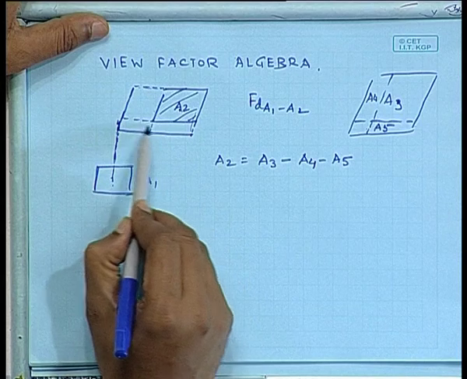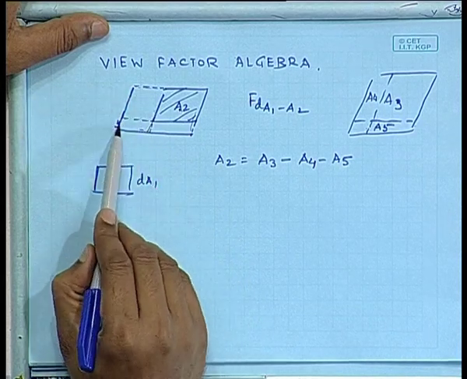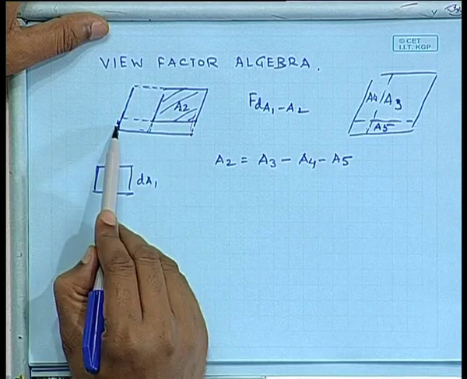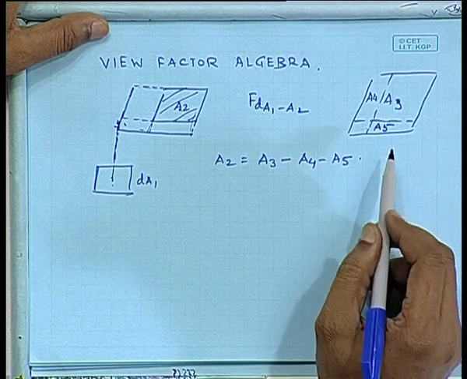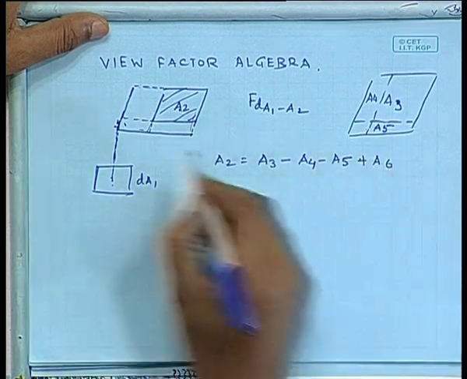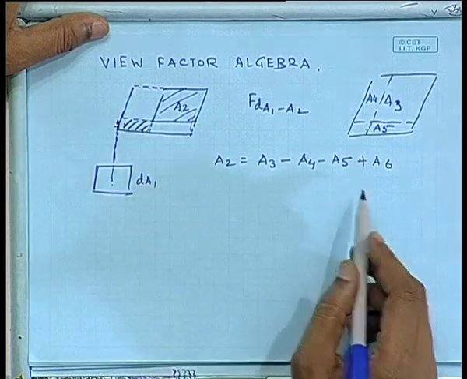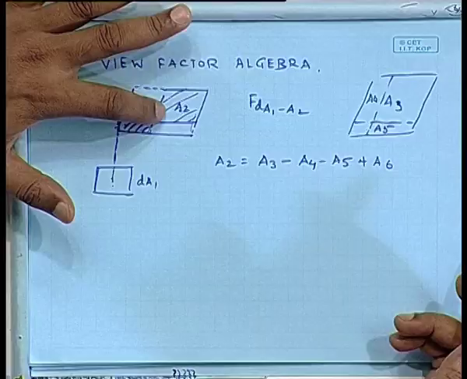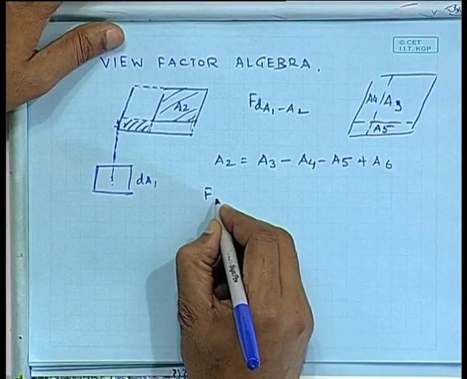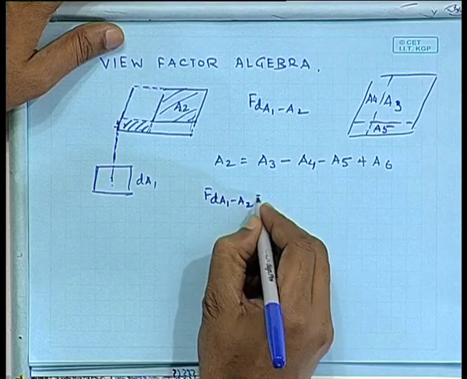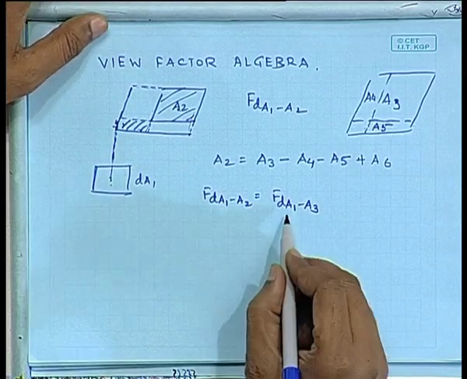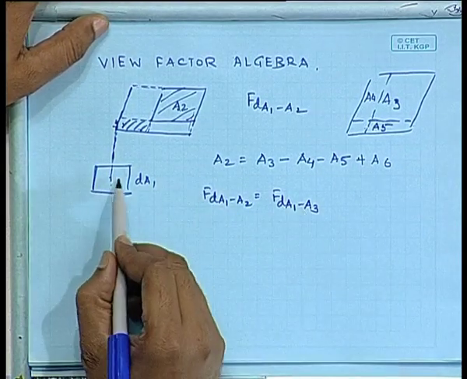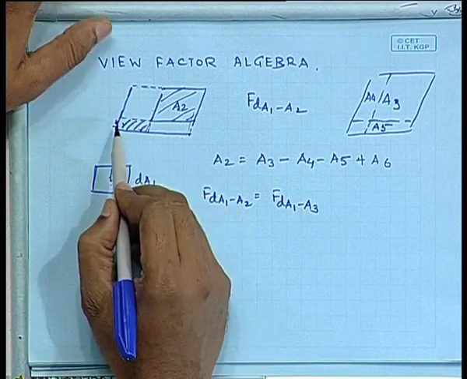Let us find out what area A2 is. Area A2 would be the whole area minus this area minus this area, but in that case I have subtracted this area twice. So, that small area has to be added back, which gives me the total area A2. So, similarly, the view factor from dA1 to A2 would be equal to the view factor from dA1 to A3. Is it possible to find out dA1 to A3? dA1 to the whole area, that is possible.